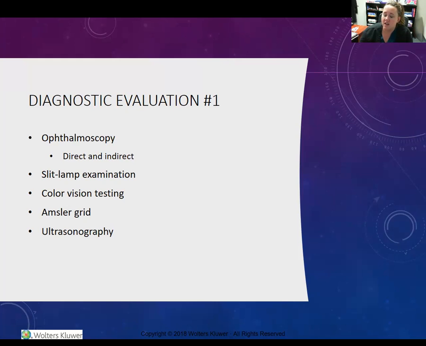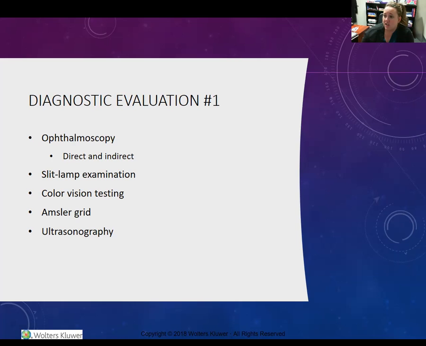And that enables them to look at the cornea, the lens, and the retina. It magnifies it 10 to 40 times so they can see all the little fine details. The color vision test using the Ishihara test, and I'll maybe show that to you in class, but I'm sure you've all seen or taken a colorblind test at some point.